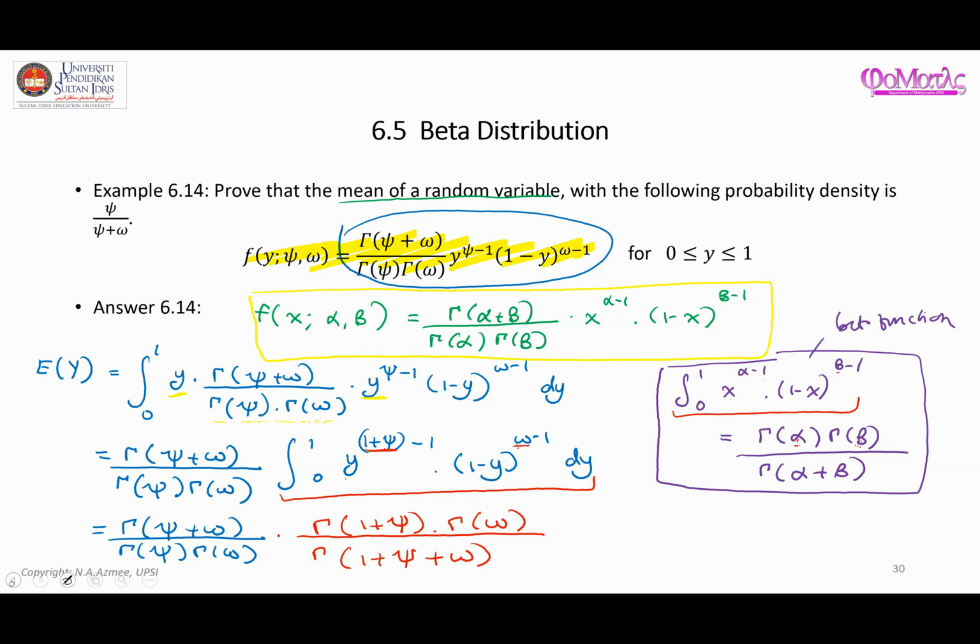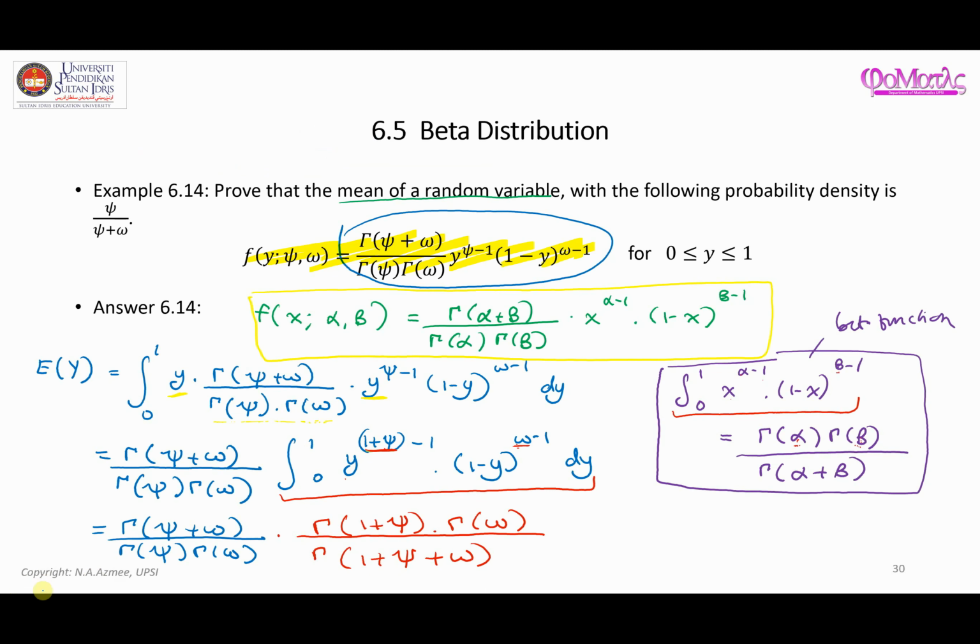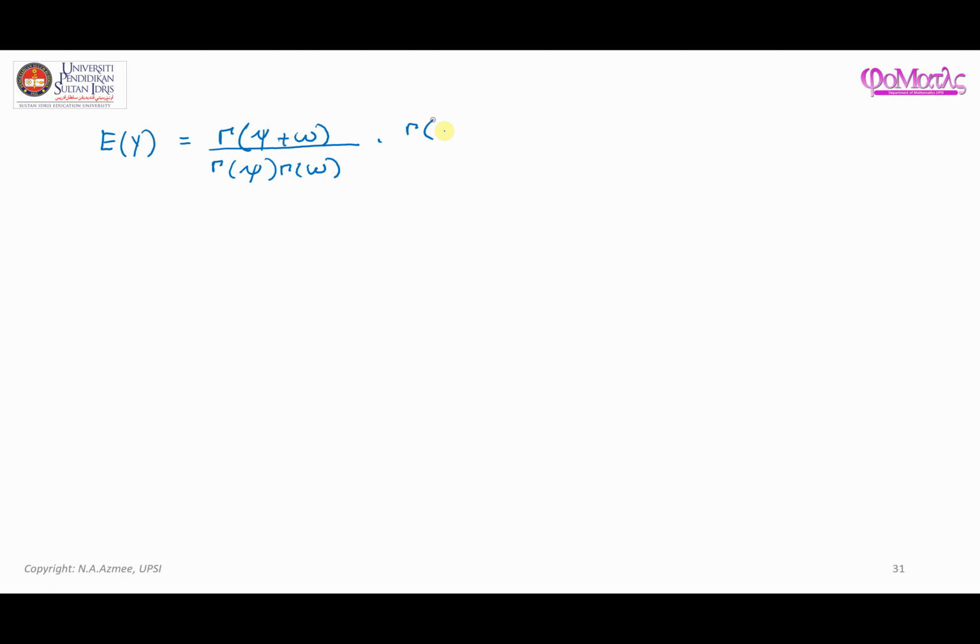So here we got, okay, let me just rewrite that again. Expected value of y is equal to, okay, so this is the result multiplied with, oops, sorry, this guy, 1 plus psi, then we have omega.